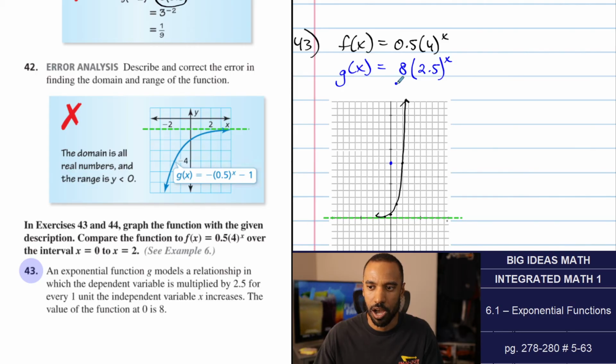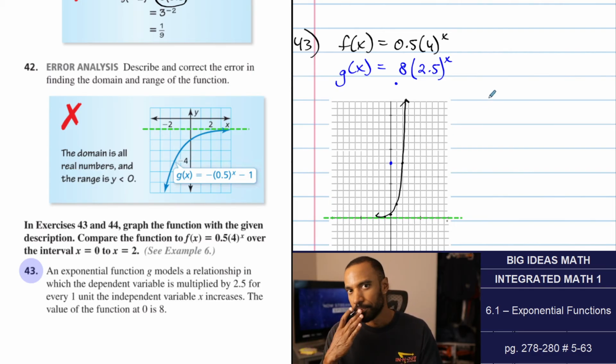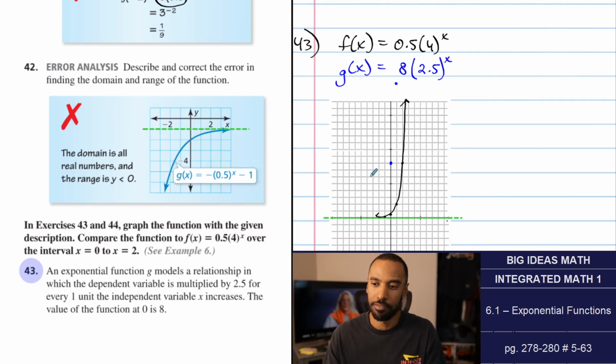But that's a little bit taller there already, right? It goes significantly taller there as it goes. 8 divided by 2.5. 8 times 2/5 is 16/5, which is 3 1/5. 3 and 1/5, like that.